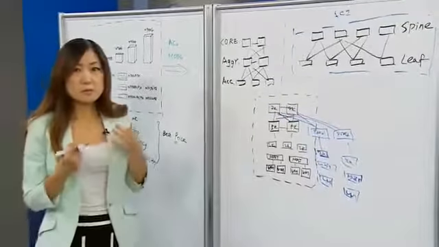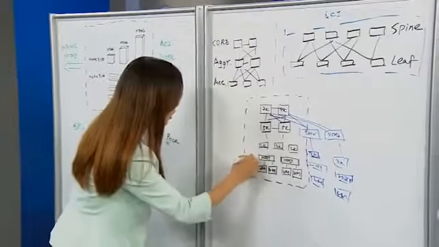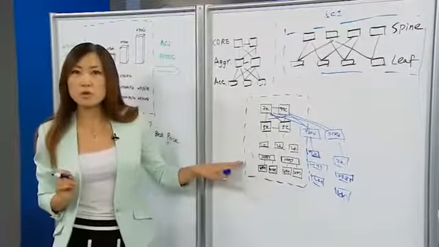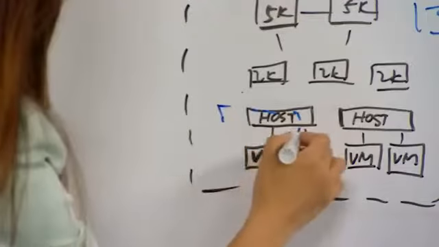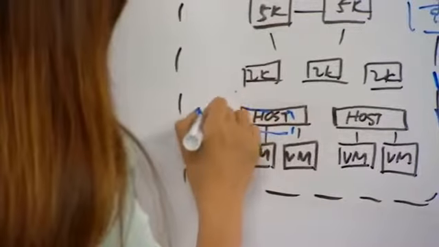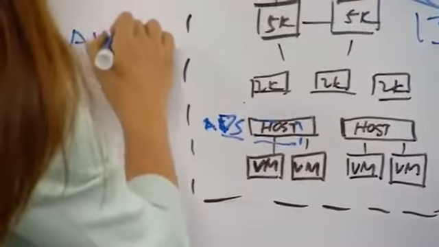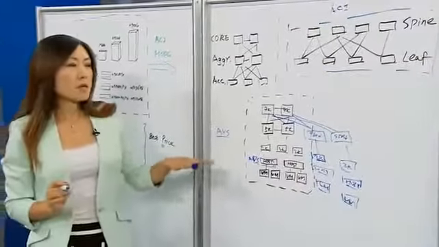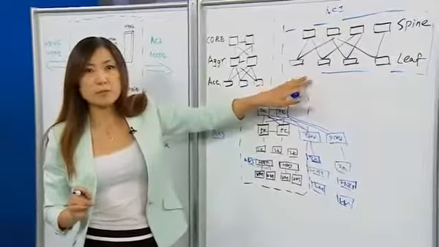We provide a remote virtual leaf. You can upgrade the virtual switch in your host, for example your VMware ESXi host, to AVS, the application virtual switch. It functions as a remote virtual leaf of the ACI fabric.